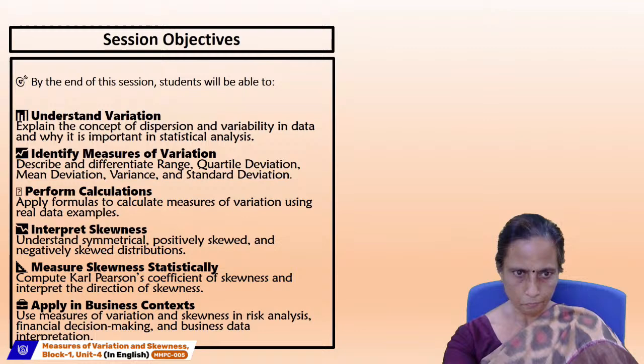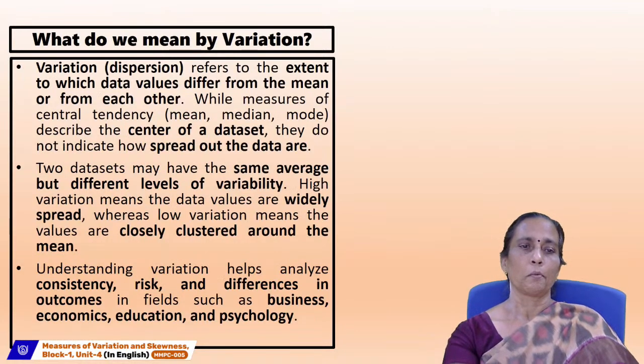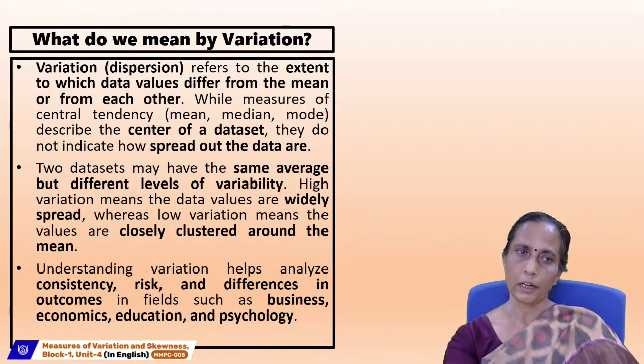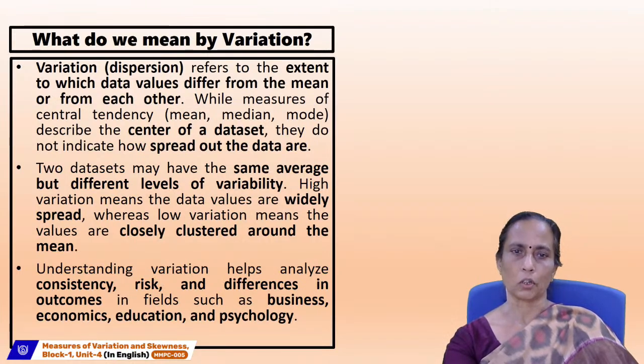So moving forward, what do we mean by variation? By variation or dispersion, we mean the extent to which the data values differ from the mean or from each other. That is, while measures of central tendency, say mean, median, mode, describe the center of a data set, they do not indicate how spread out the data are.